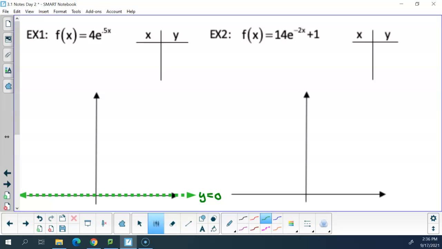Yesterday when we were graphing, we graphed just 2 points, right? What is the one x value that's going to give me 0 for my exponent? 0. Okay. Let's grab 0.